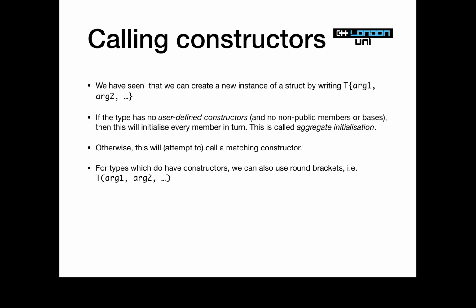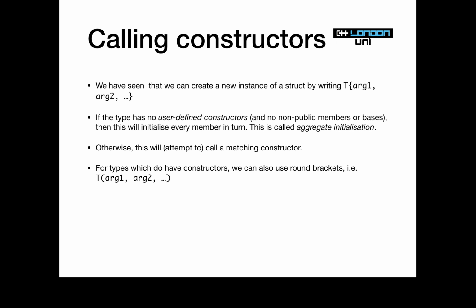But for types which do have constructors, case 2 here, we can also use round brackets. Curly braces only work, today anyway, I think it's going to change in C++20, for aggregates you can only use curly braces. For non-aggregates, you can use curly braces or round brackets.